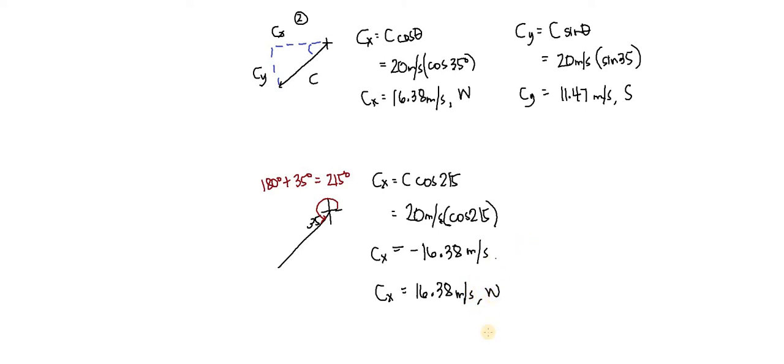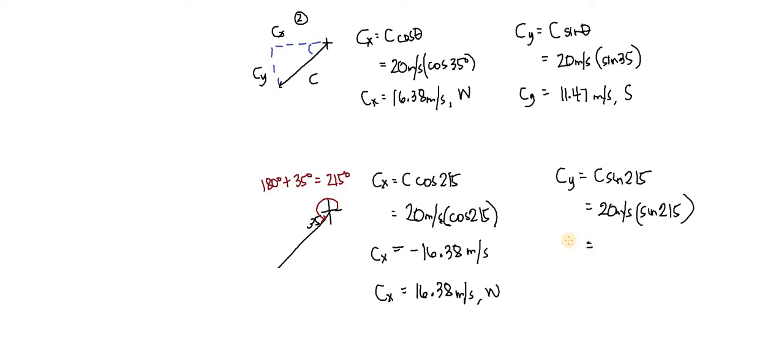Okay? So, pwedeng ganito, pwede rin to. Let's see, so c sub y equal to c sine of 215. Okay, that's 20 meter per second sine of 215.